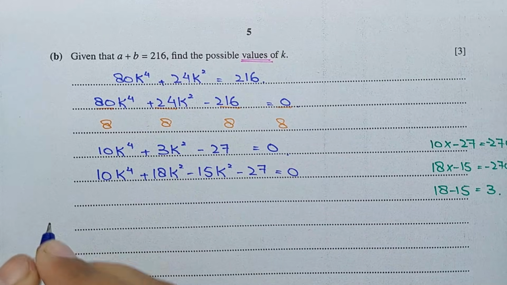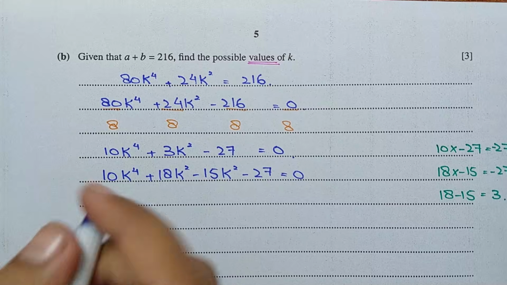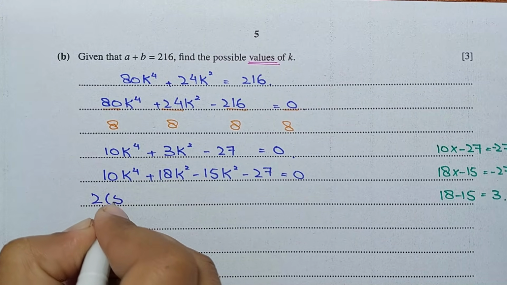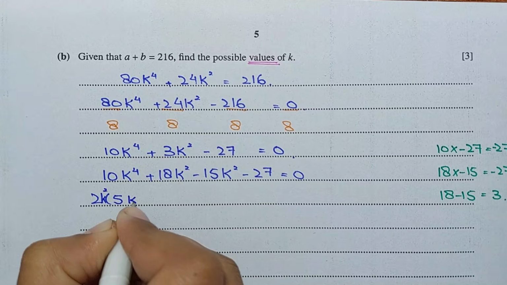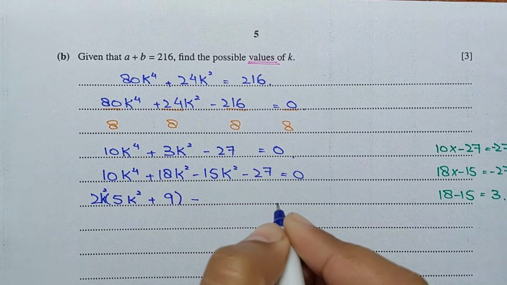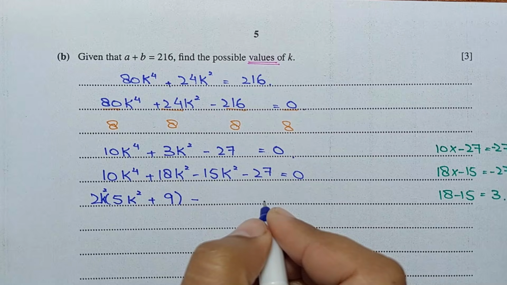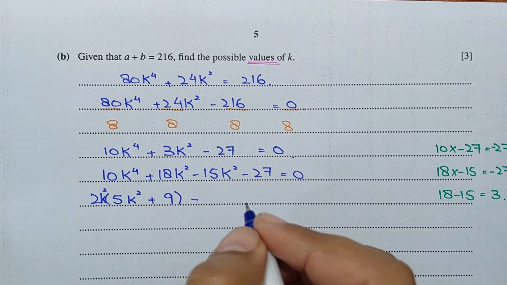Now from here, from 10 and 18, we can take 2 common. 2 times 5 is 10, 2 and k squared is common, and 2 times 9 is 18. And you can take a negative sign common, and you can take 27, and we have 15 over here.